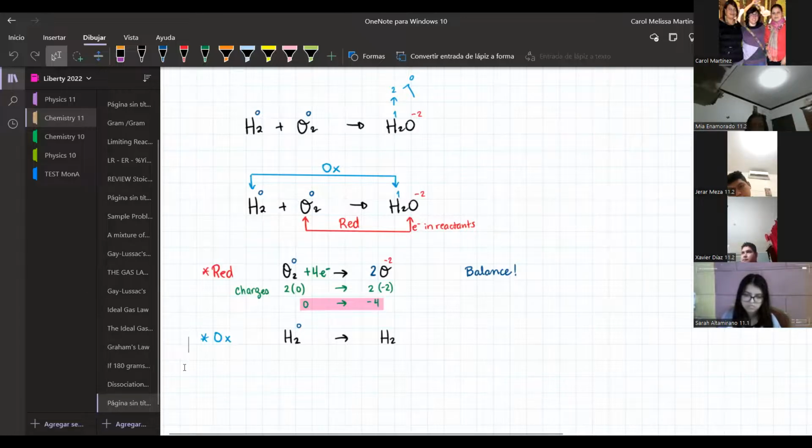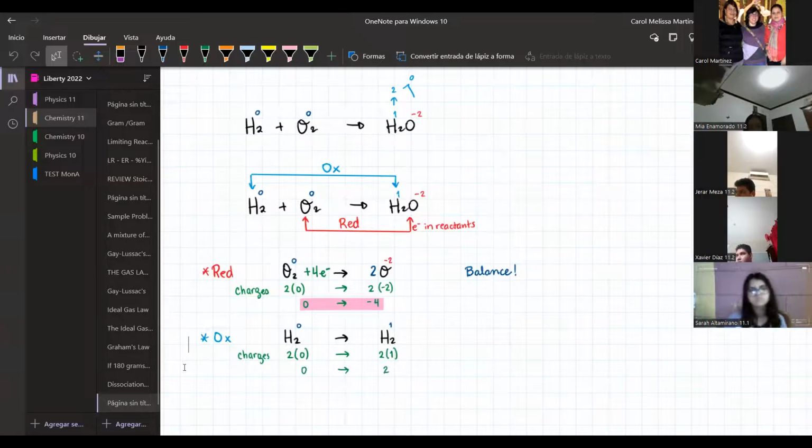And in the other part, we have hydrogen with a charge of just 1, okay? So to work with the charges, you have 2 as a subscript multiplying the charge of 0. And after the reaction, you have 2 as a subscript multiplying the charge of positive 1. So 2 times 0 gives you 0, and 2 times 1 gives you 2.